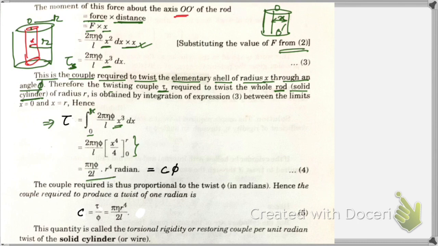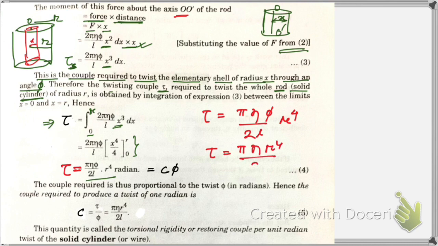Now tau is equal to pi eta phi by 2l into r to the power 4. It can be rearranged as tau equals pi eta r to the power 4 by 2l into phi.